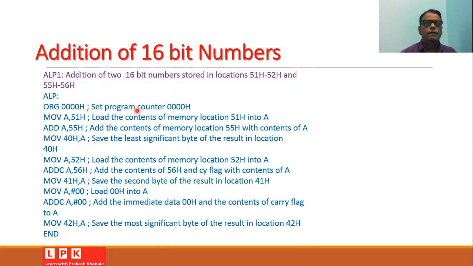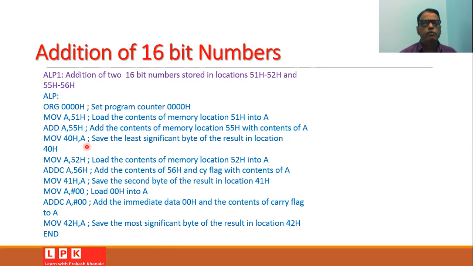Then we will move the content of the memory location 51H into A by using this instruction, MOV A, 51H. Then we will add the content of memory location 55 to the content of A by using the instruction ADD A, 55. Then we will save the least significant byte in the location 40 by using the instruction MOV 40, A.